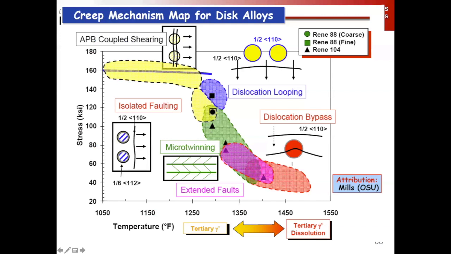So the mechanisms at play become very complicated very quickly. And this is just a schematic picture. We're not going to talk about the details of any of these, right? And once you start to get up here, you start to dissolve significant amounts of gamma prime, your stress levels drop even more, because now it's behaving just as a regular single-phase solid solution strengthened alloy.